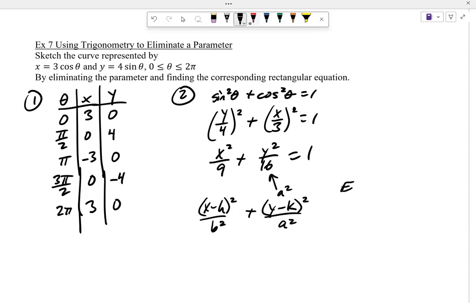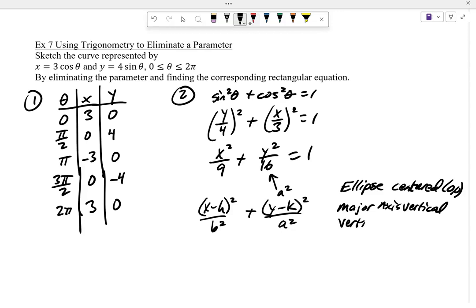Alright, so it's an ellipse centered at 0, 0. We'll talk about the tracing in just a minute, but the major axis is vertical, right? So it's elongated vertically. And the vertices come from the 16. A squared is 16.